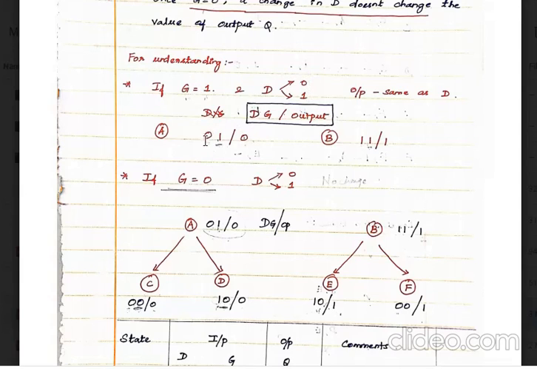Here if D is 0 and G is 1, as I told, the gate is open, right? So G is 1, my output is whatever input is given to D. So both are 0 and 0. So D and output are the same when the gate is open. Likewise, in state B, if D is 1, output is also 1 when the gate is open. So that's why we write 1 1 by 1.